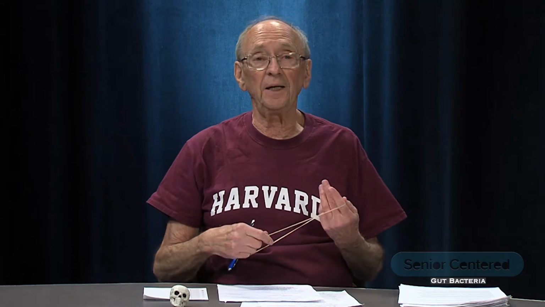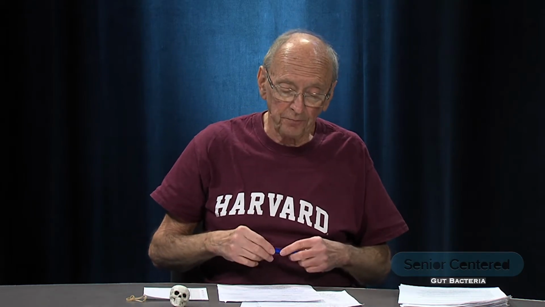There are over 260 species of lactobacilli that we have in our body. Only a few of them have been specifically identified to help certain digestive problems, and those are the ones that are in the probiotic capsules.